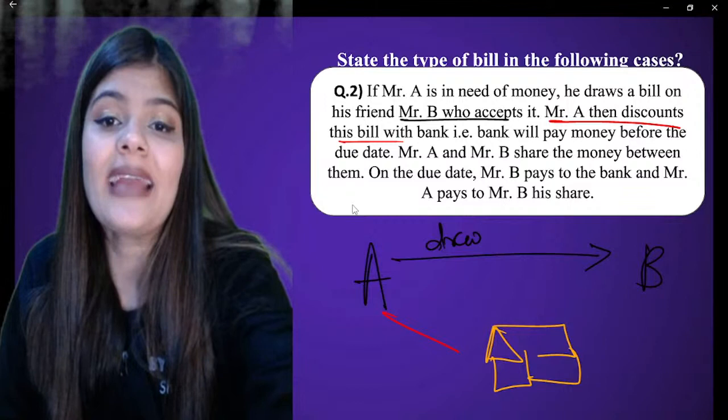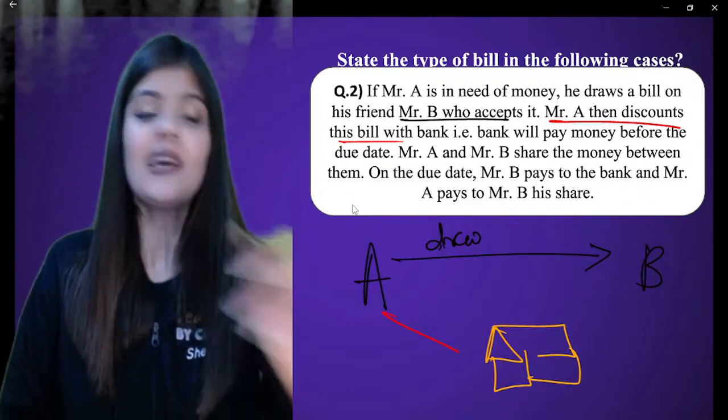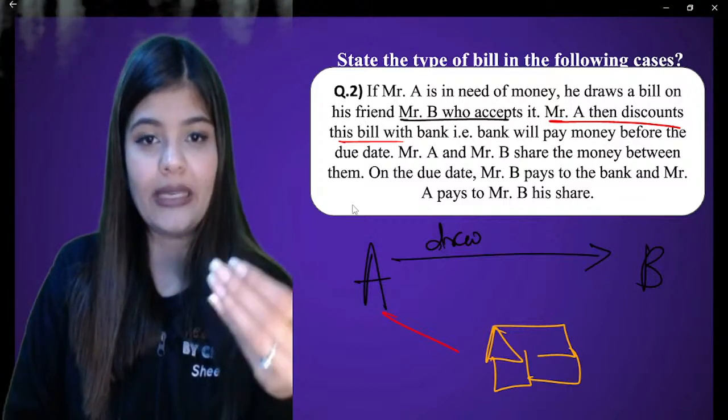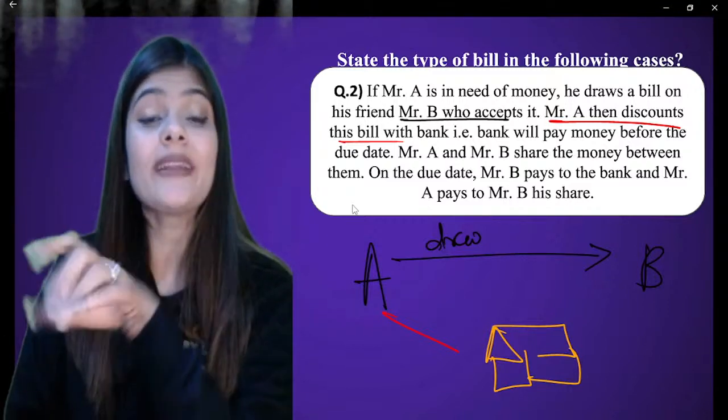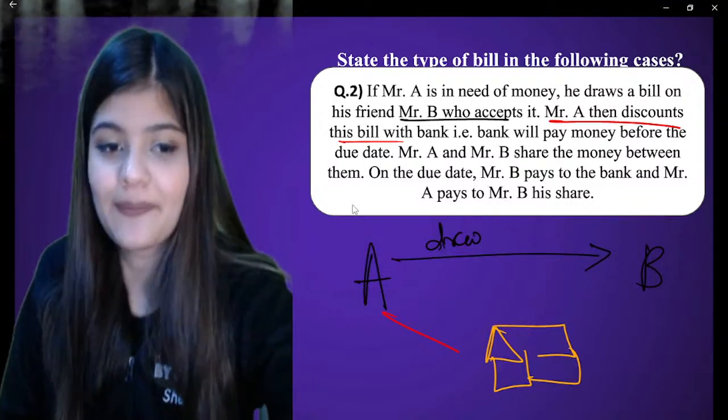So, what kind of bill is this? Mr. A was in need of money, so he drew a bill on his friend B, and then he got the bill discounted from the bank.